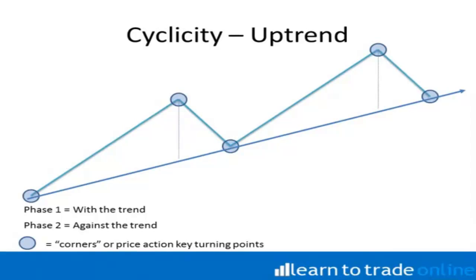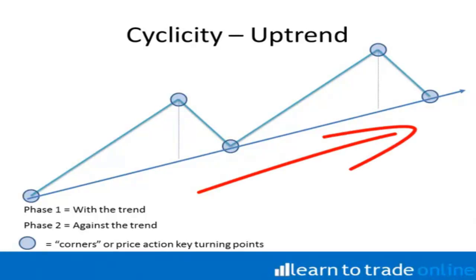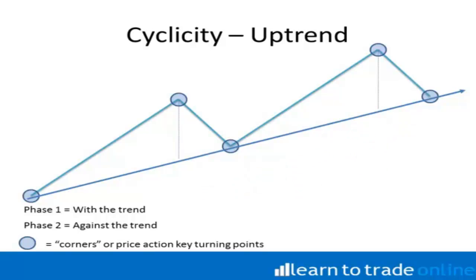So in an upward trend here, we can see that overall in this very simple image, the market's moving up, represented by the arrow from the bottom left to the top right. Phase 1 is moving in the direction of the overall trend, and phase 2 is moving against the direction of the trend.